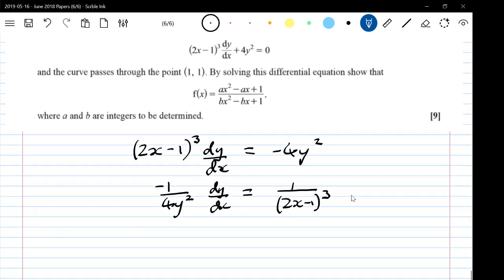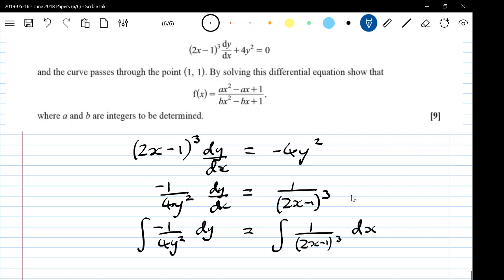Now we can integrate. We're integrating both sides with respect to x. It gives us the integral of minus 1 over 4y squared dy, because the dx cancels out, is the integral of 1 over 2x minus 1 cubed dx. Now, one thing worth thinking about at this point is that the answer we're heading for doesn't have a single natural logarithm term in it.